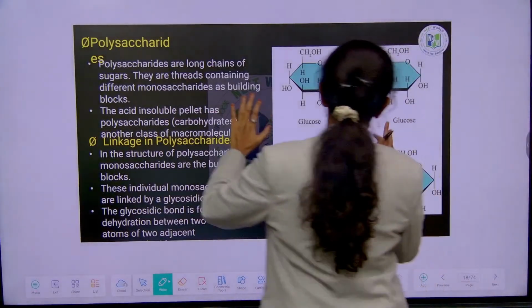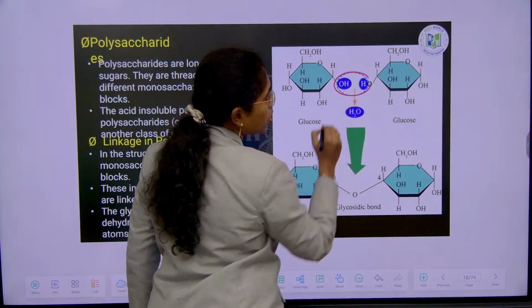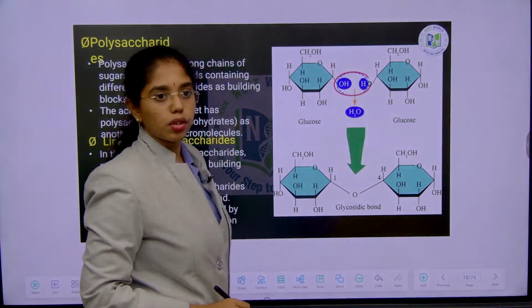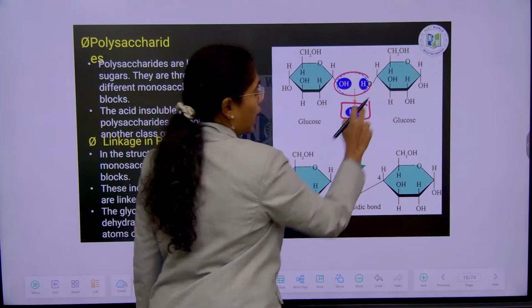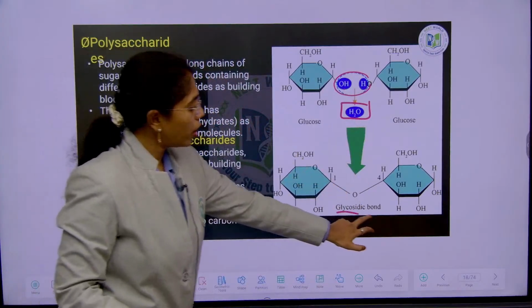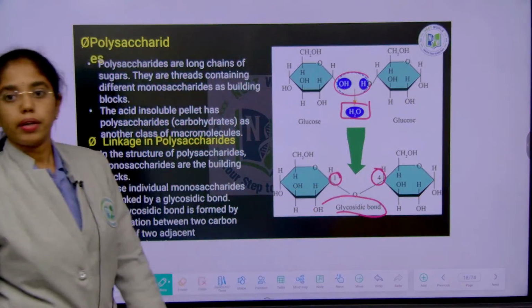polysaccharides. See here, it will be easy for you. See, there is loss of OH from the first glucose and H from the second glucose, which is reducing, right, and removal of H2O, forming what bond? Glycosidic bond, which is a 1,4-glycosidic bond, right.